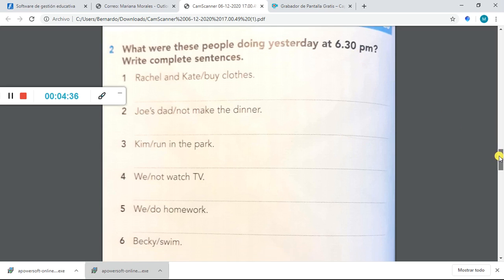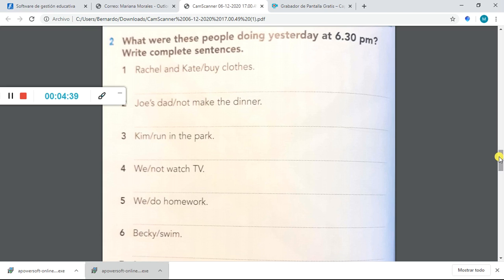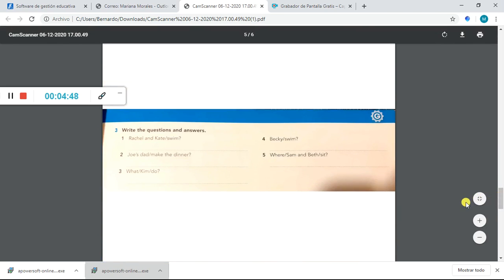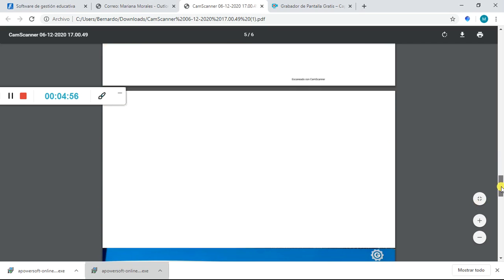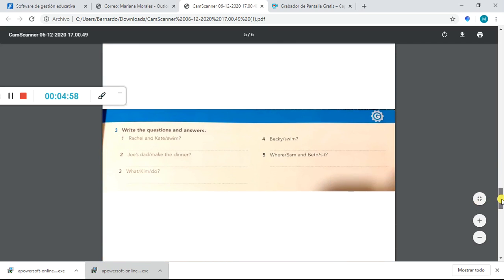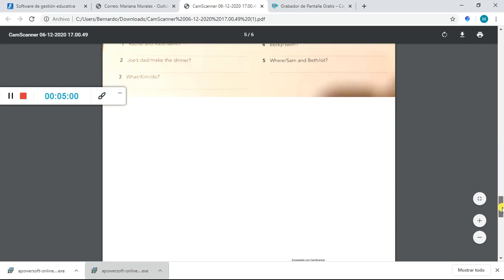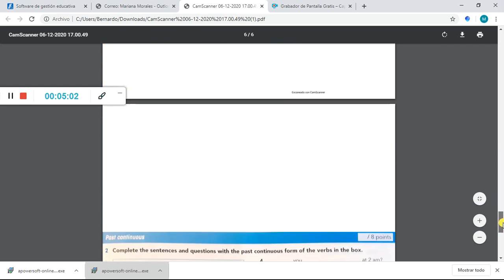For example, at 6:30 yesterday, Rachel and Kate were buying clothes. Joe's dad wasn't making dinner. Here are some questions to practice. Were Rachel and Kate swimming? Yes, they were, or no, they weren't, according to the previous exercise. Or at least, if not, do the questions, just to practice the questions.